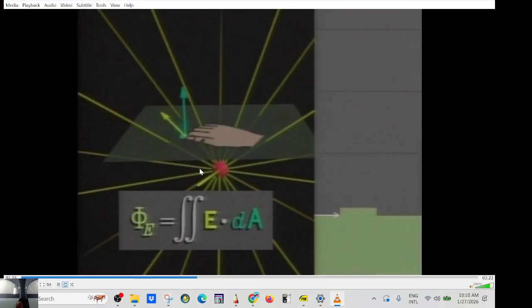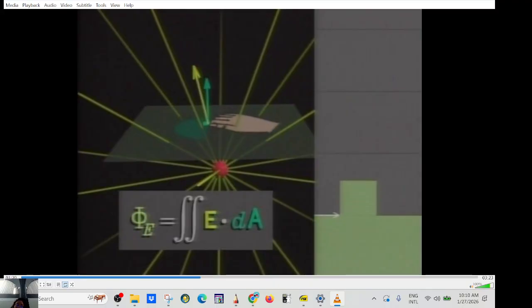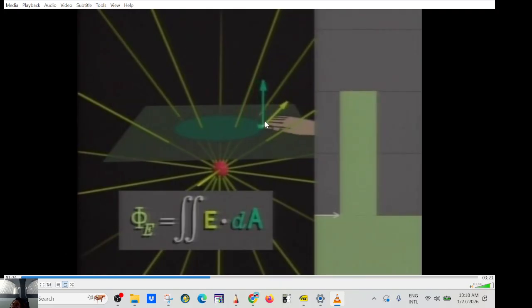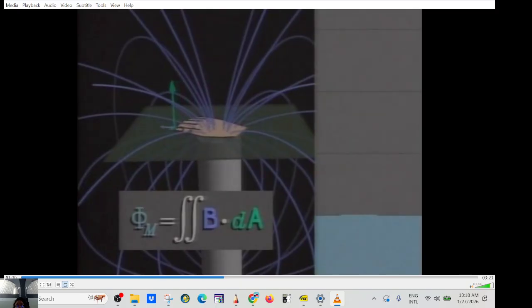But this is just the mathematics. So when you are integrating, that's what you are doing. Okay, you divide your area in small delta A, okay, and you add. The idea is to find the total number of lines of force.